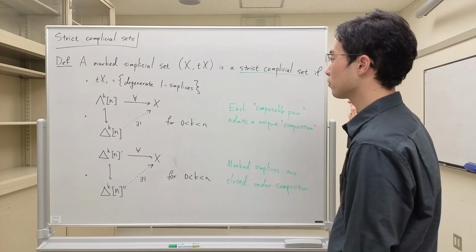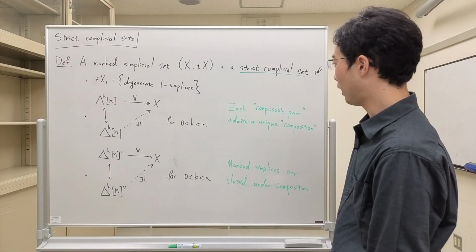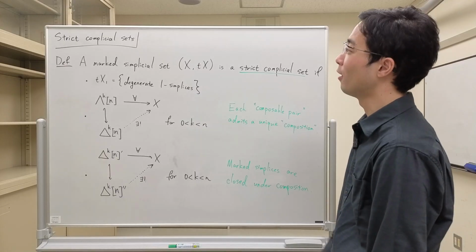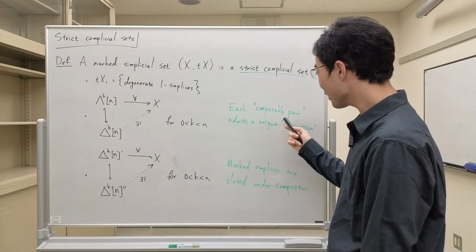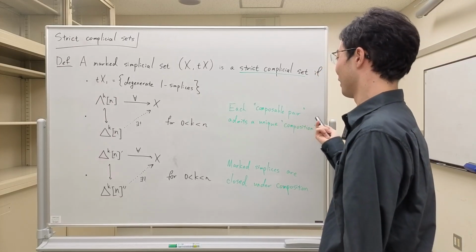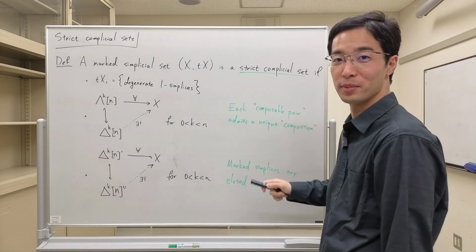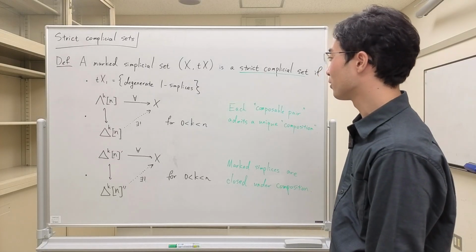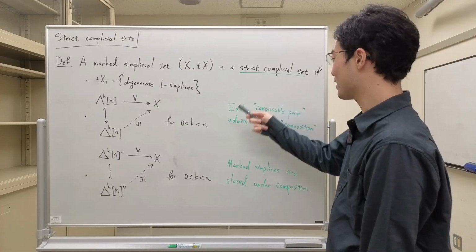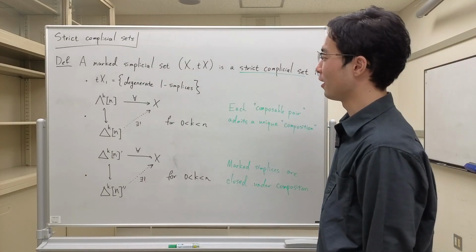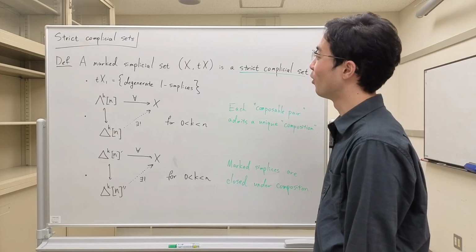These should look like reasonable things to ask, because we are trying to characterize the nerves of omega categories, and if you are an omega category, then you should be able to compose things, and also a composite of identities should be an identity itself. What might be a little mysterious is that these conditions are enough to characterize the nerves of omega categories.